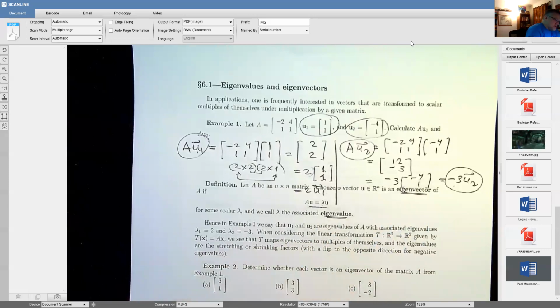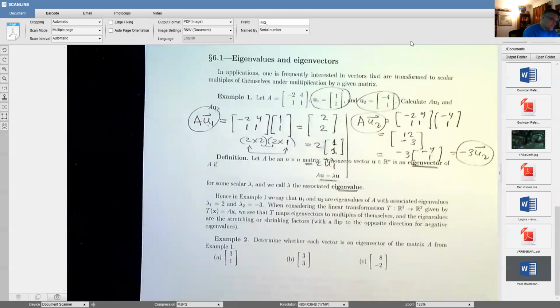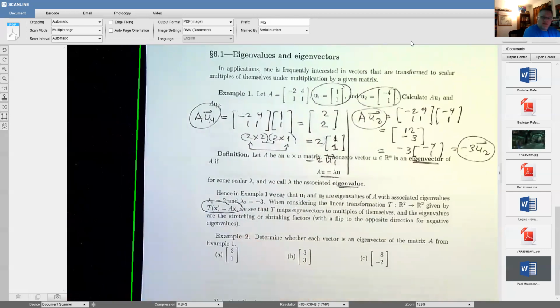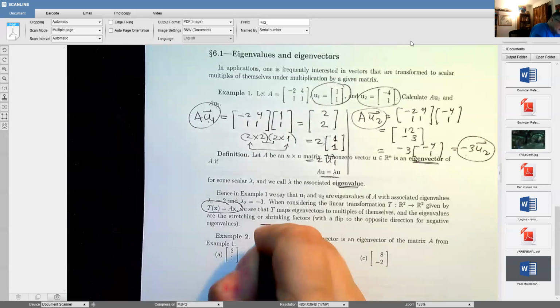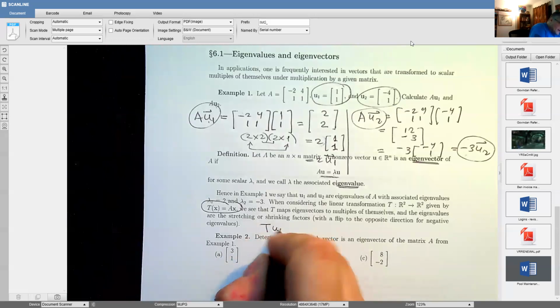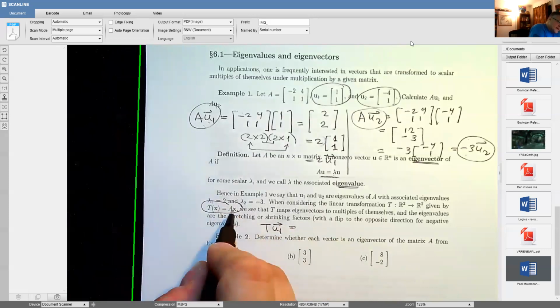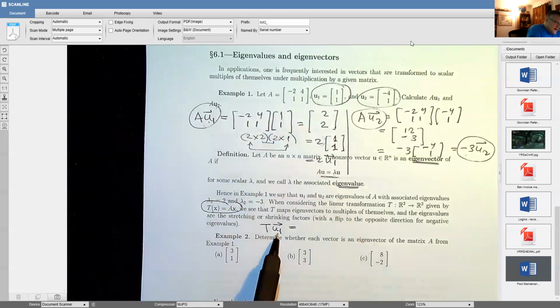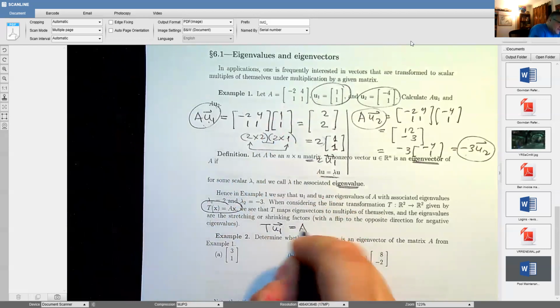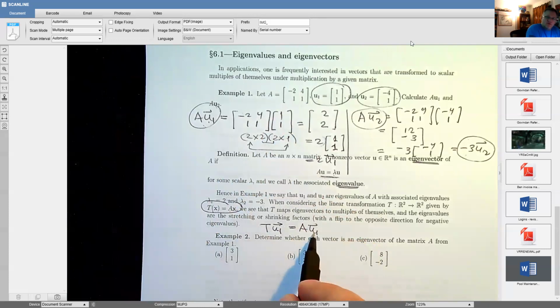If you look at a linear mapping, remember, we always have this connection, since linear mappings are defined as matrices times a vector. There's an obvious connection between talking about Ax and talking about T of x for that particular matrix A. Notice that if I compute T of an eigenvector, suppose the mapping is T of x equal to Ax, where this is my A, then T of u1 by definition is just A times u1.